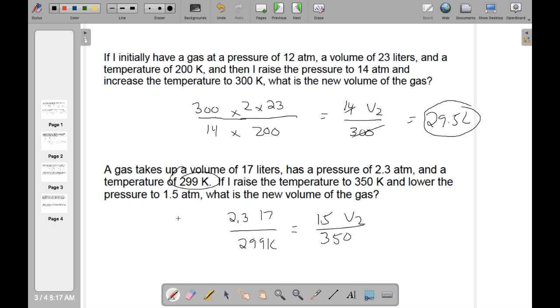Essentially I'm going to get 350 times 2.3 times 17 and 1.5 times 299 on this side. This side will be V2. If I do that math, I will get around 30.51 liters.